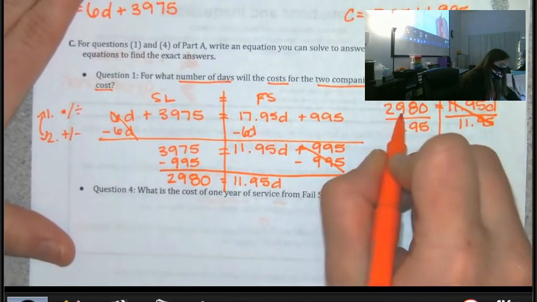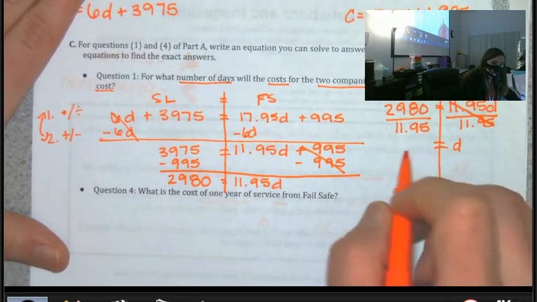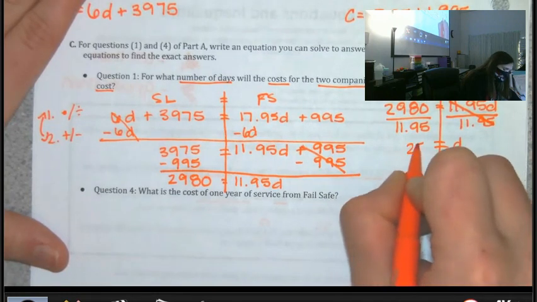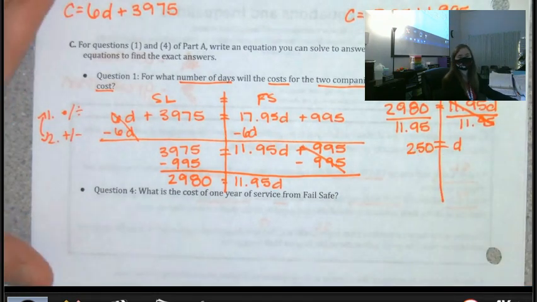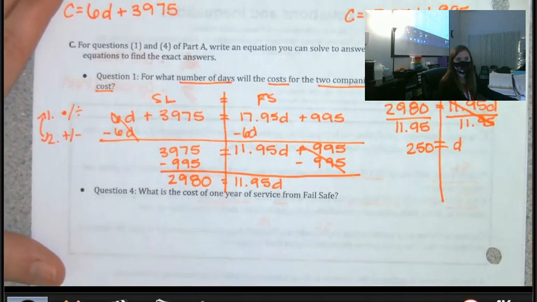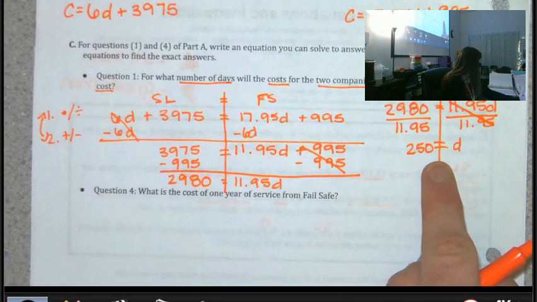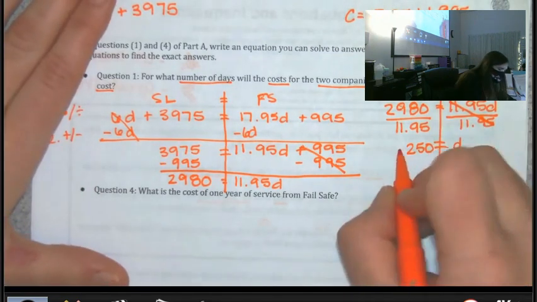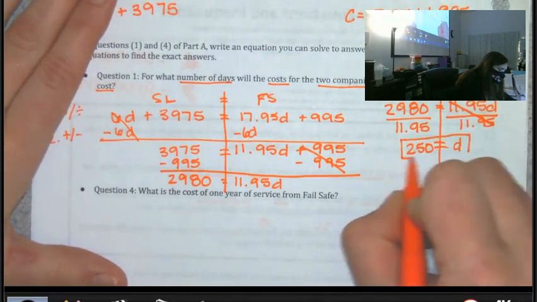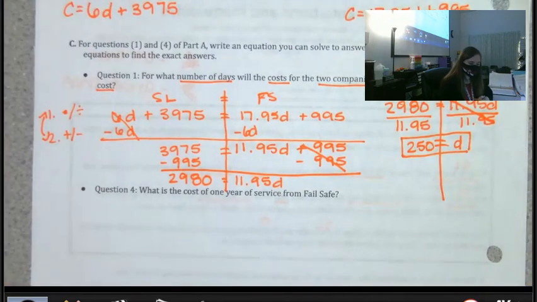And when I do 2980 divided by the coefficient, I get 250 days. 250 days, exactly. So does this look like our estimate? It looks like we estimated pretty good, right? So we estimated at 250, and it is exactly 250 days for them to both be the same.